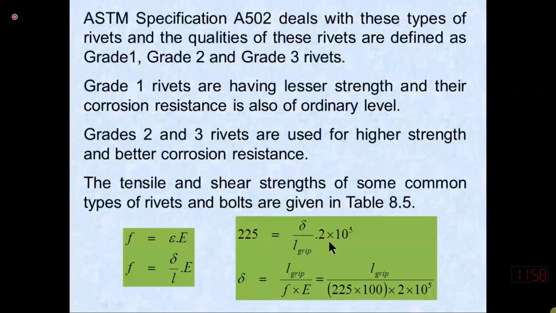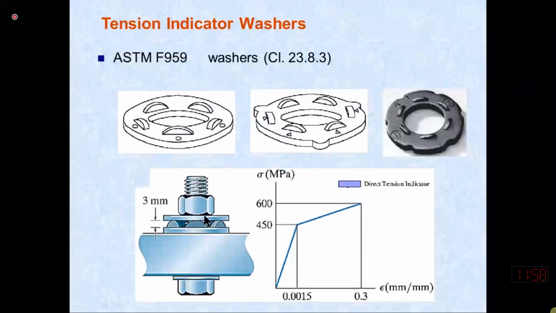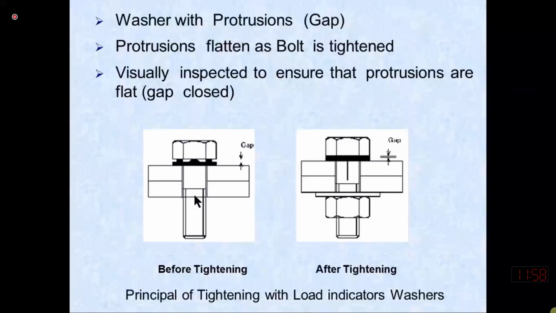So this is the type of bolted connection that we may provide. We are connecting two plates with a butt joint, and we are providing bolts or rivets in two rows. In each line, we have 6 bolts, and at any cross section, we have 2 bolts.